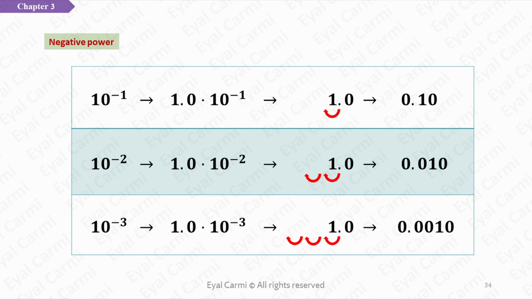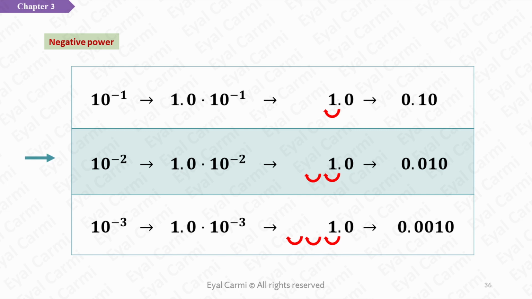Here is a table that summarizes a few examples for negative powers. First row. 10 to the power of minus 1 can be written as 1.0 times 10 to the power of minus 1, which is equivalent to writing 1.0 and moving the decimal point 1 step to the left, and that results in 0.1.